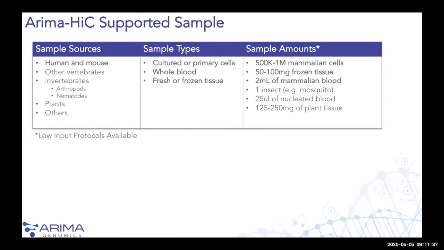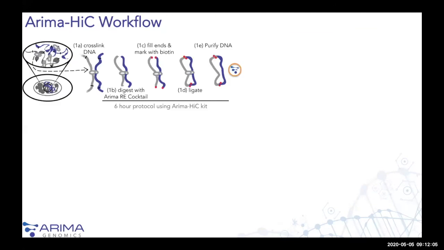And then if you're working with, let's say, mouse blood, you might collect 2 to 3 mils of blood, isolate PBMCs or some type of subpopulation from that, and do your Hi-C experiment on that. And I should also point out that we do have low input protocols available, and I don't have time to go through our low input Hi-C internal data today, but I will point you to one paper that's used our low input Hi-C.